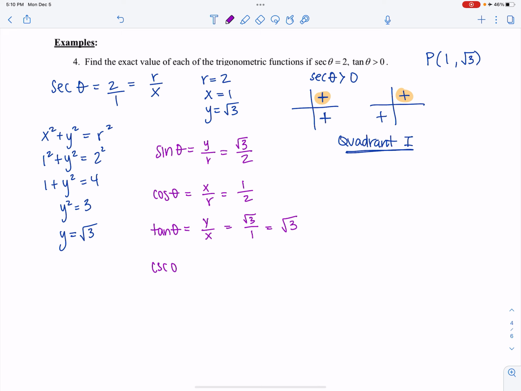Cosecant, r over y, which is 2 over root 3, and we don't want our radical in the bottom, so we have 2 root 3 over 3.